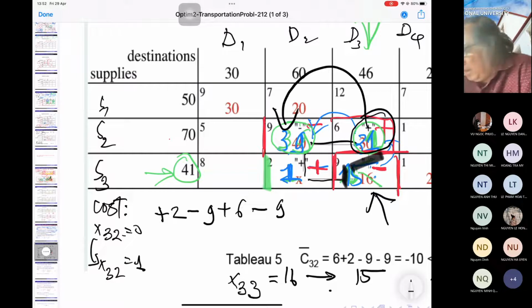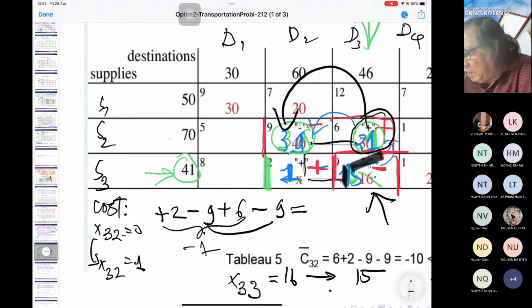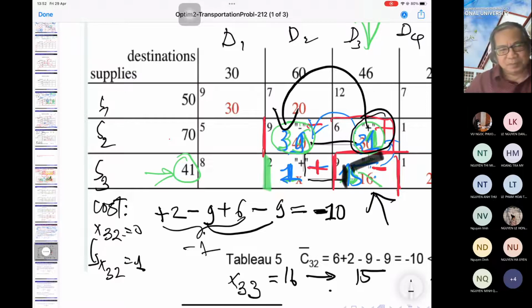And now you see, what is the change of the cost? Changing in comparison with the beginning is what? 2 plus 6 is 8, minus 1 minus 9 is minus 10. So what does it mean?